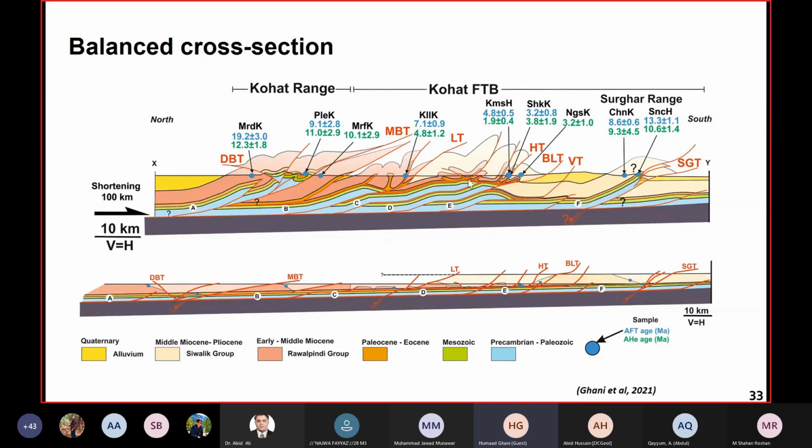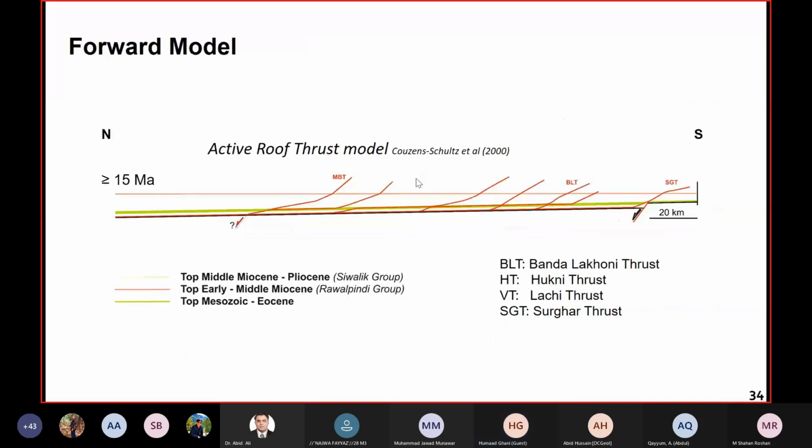All the structural style present at the surface is decoupled and has nothing to share with the structural style below it. When you go towards the south, you can see a very simple structural model here, one main range front thrust coming out and bringing all the strata on top of it. Then I restored these cross sections and got an estimate of about 100 kilometers of shortening in the Kohat area, including the MBT.